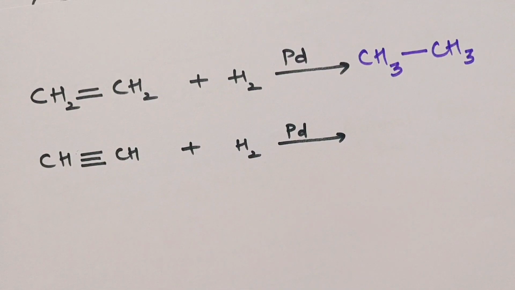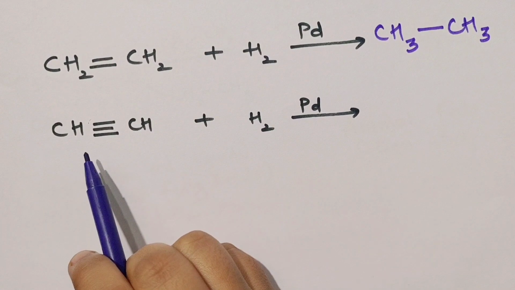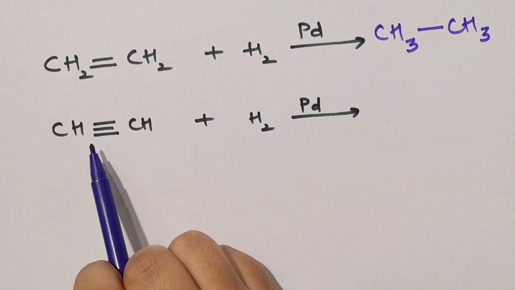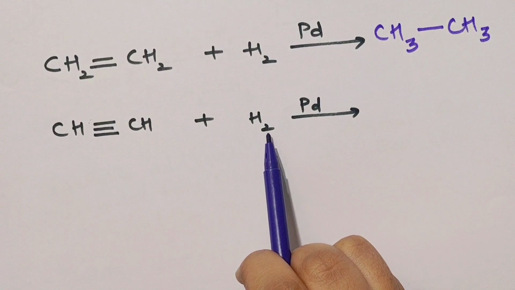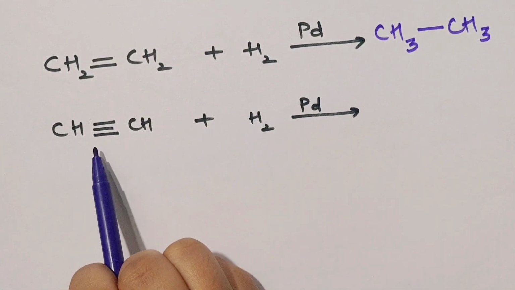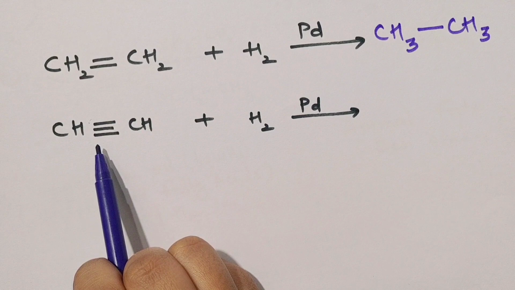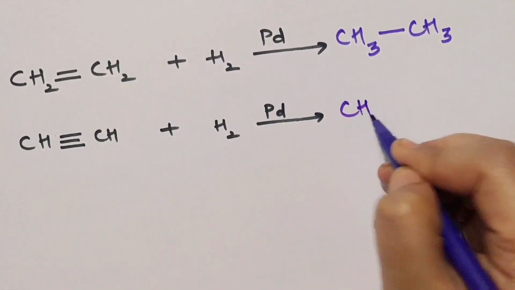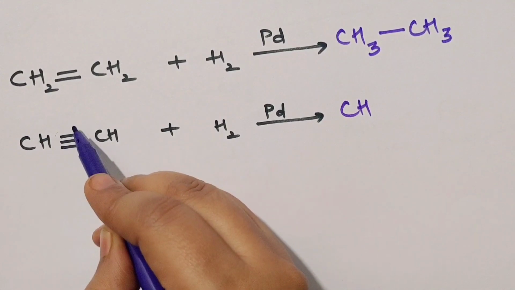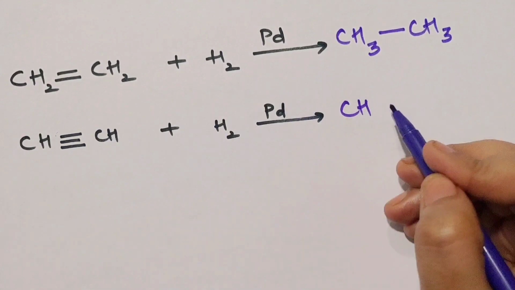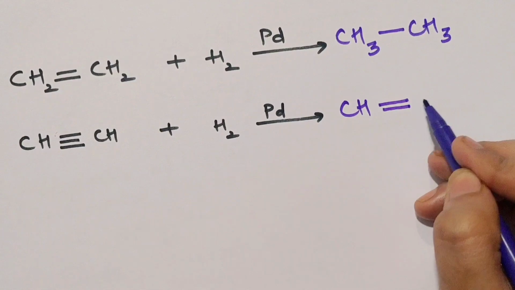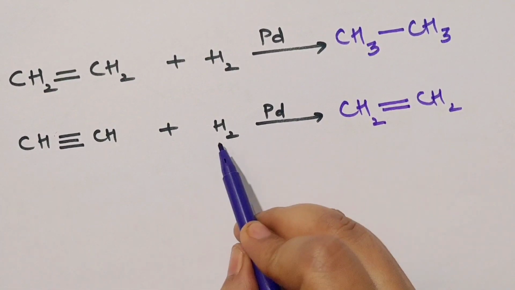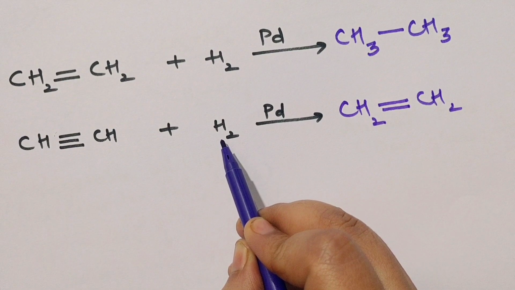Now, if you talk about alkynes, they have even fewer hydrogens. When you add hydrogen in presence of a catalyst across the triple bond in an alkyne, only one bond of the 3 bonds in the triple bond will go, the double bond would remain, and you would get an ethene if you add only 1 mole of hydrogen.